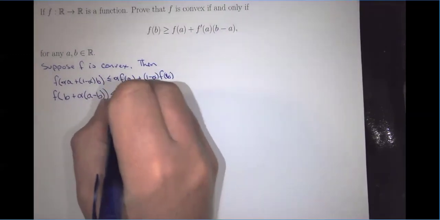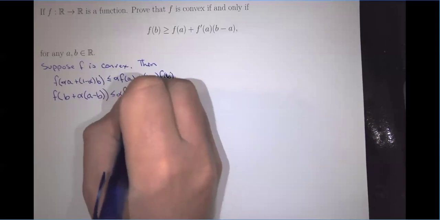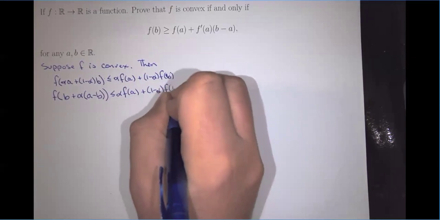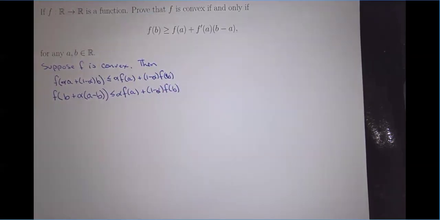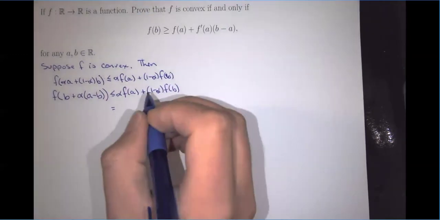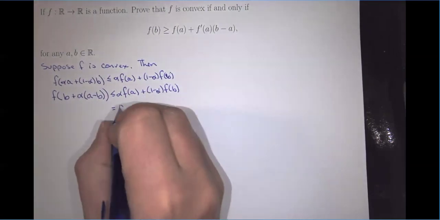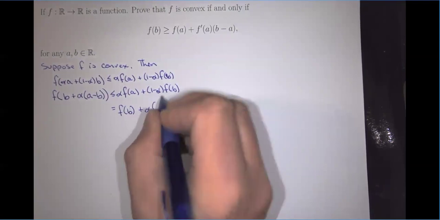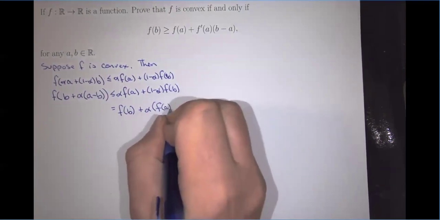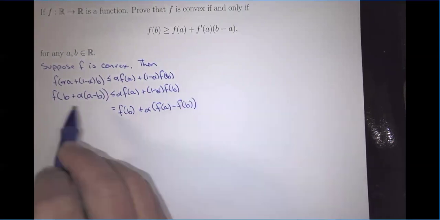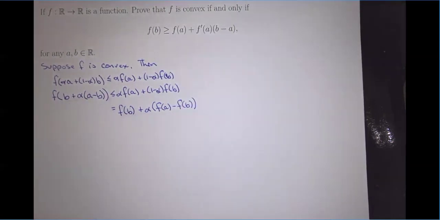That's, of course, less or equal to alpha f of a plus 1 minus alpha f of b. This we can rewrite as f of b plus alpha times f of a minus f of b, combining terms in the same way that we did over in this bracket here.